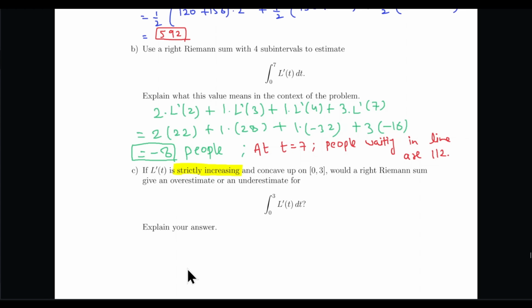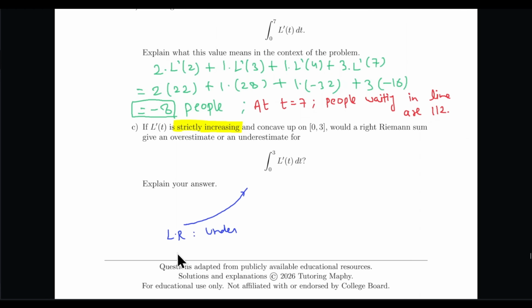If the function is increasing in nature, then the left-hand Riemann sum is an underestimation, you should know that, and the right-hand Riemann sum will be an overestimation. So since this is an increasing function and we are looking for the right-hand Riemann sum, this is clearly an overestimation from 0 to 3 of L prime t dt. That's how it works here.